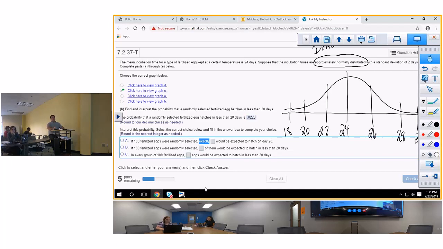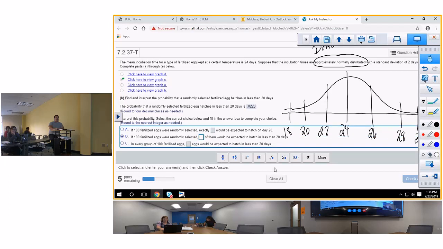That's just like saying perfection, so you know it's not that. Would expected be a good word to use for probability? Yes. Expected means I expect, I predict. So it's either B or C. If 100 fertile, I think it's going to be this one. That'd be 2.